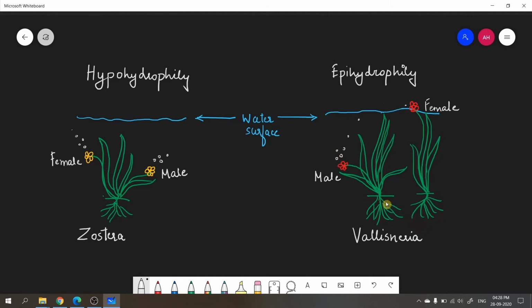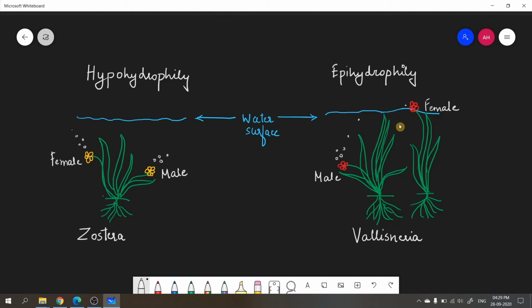Dioecious meaning that the male and the female flowers occur on two different plants, right? So the pollen grains from the male flower are released, and with the help of water currents, they float on the water surface where they come in contact with the female flowers. Over there, fertilization will further take place. So actual pollination occurs on the surface of water.